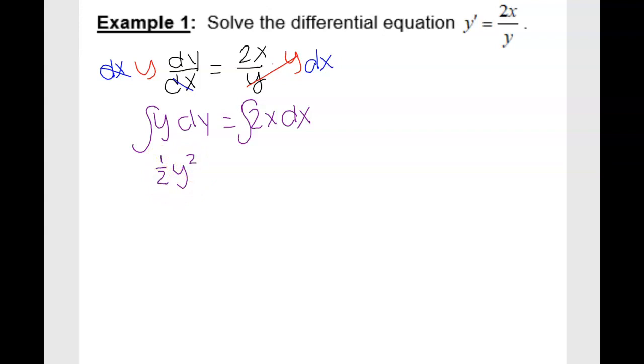Now, both of these are unbounded, but we only put one c. We always put the c's with the x's. So we're only going to do one c, and it's always with the x's. So I have 1/2 y squared equals 2x squared over 2 plus c.